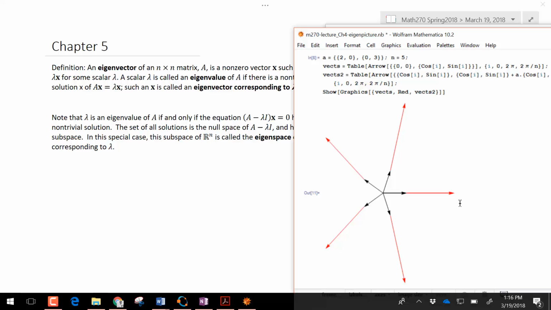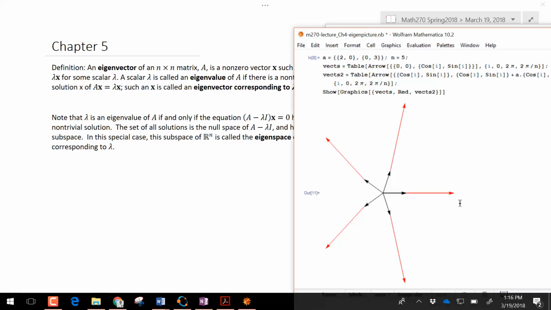The black arrows that are coming from the middle are arrows that go from the origin. They have unit length, and it's just going around in a circle essentially. And so the red arrows are what happens to these vectors when I apply the matrix to them.